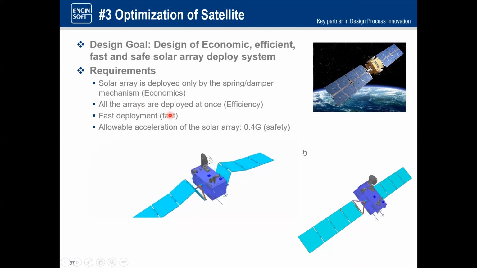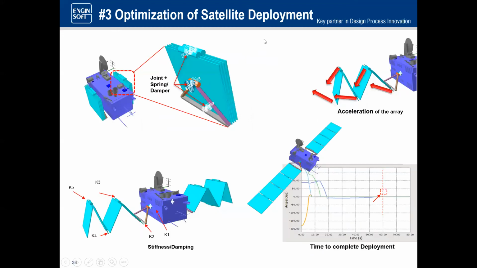So if we were to deploy things carelessly, we might end up with a large rocking motion, and that's not good because it causes high loads. So the allowable acceleration needs to be kept within 0.4 G because of the different factor of safety requirements.